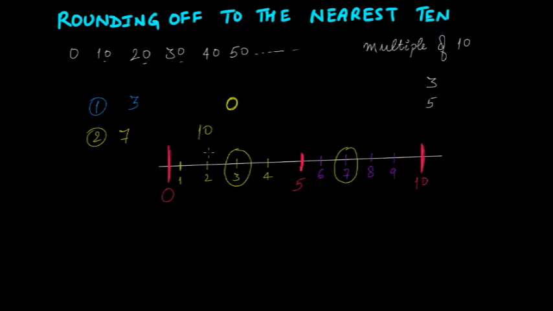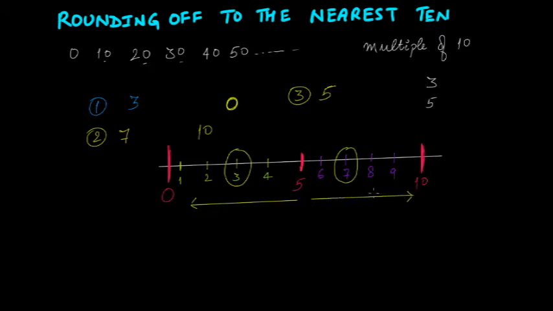Okay, suppose you were asked for, this is example 3, you were asked for 5. What would be the answer in this case? If you round off this to the nearest 10, what would be the answer? Now you will say that, boss, 5 is as equal to 0 as it is to 10.